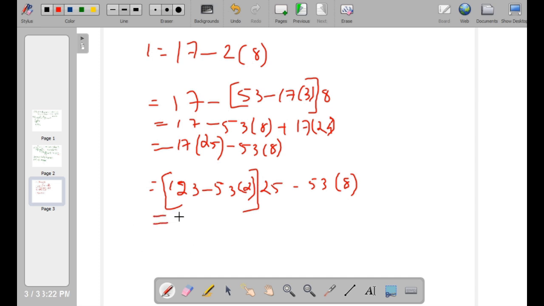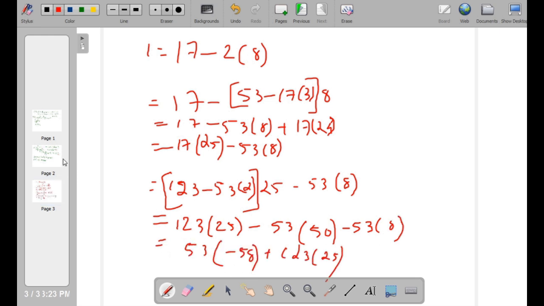If we expand this bracket, we will be getting 123 into 25 minus 53 into 25 into 2, 50, minus 53 into 8.